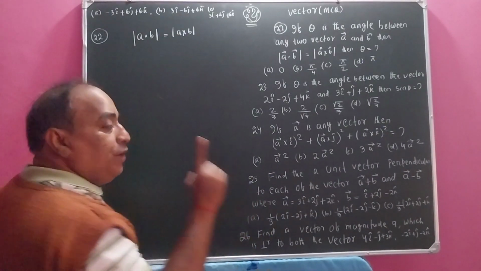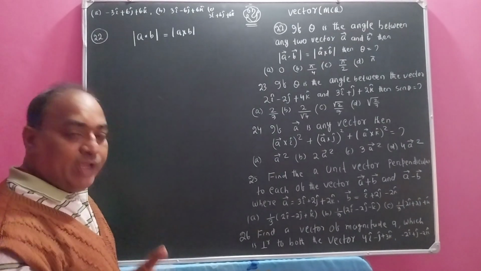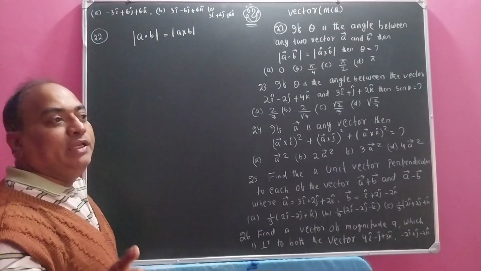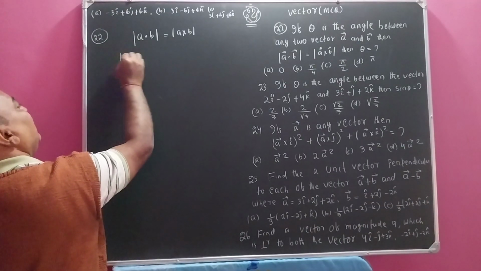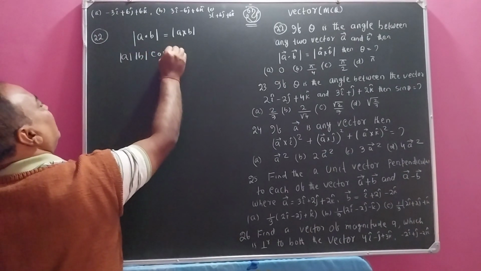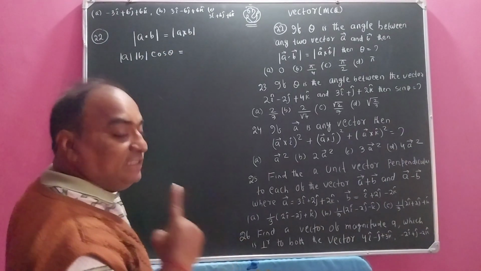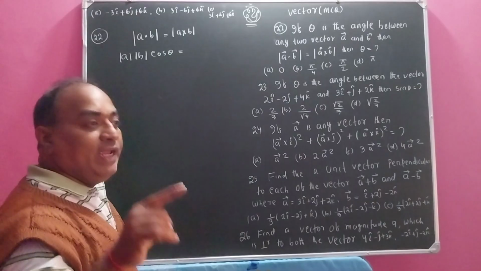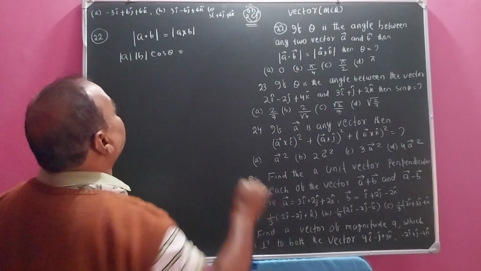We know A dot B is equal to magnitude of A into magnitude of B into cos theta. Here A cross B is equal to magnitude of A into magnitude of B into sin theta into n cap.